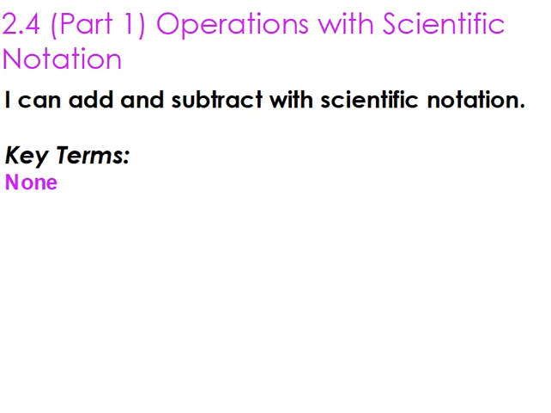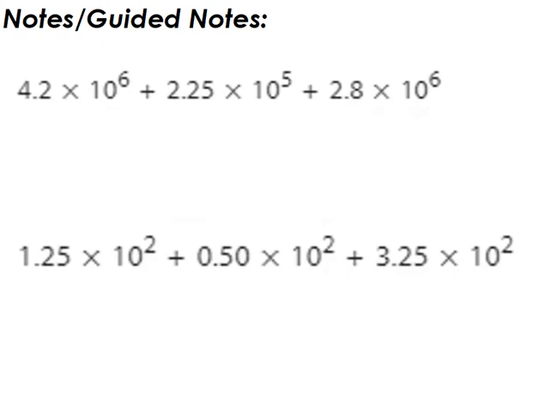Now, I'm going to show you a shortcut on how to do this, because when in doubt, you could always change these three numbers into standard notation. I always have the option of going over 6 times, so that's 4,200,000.